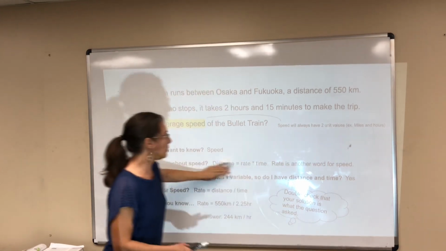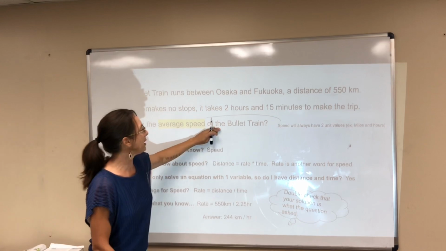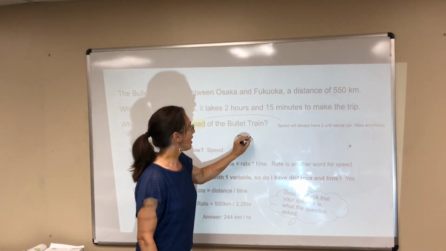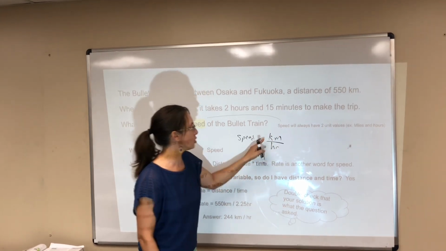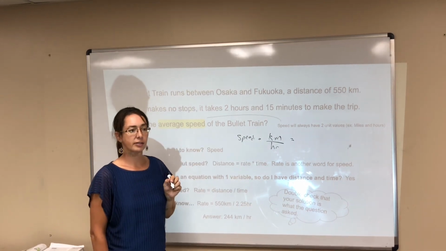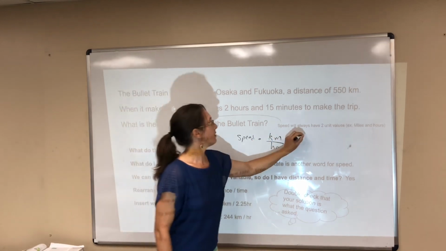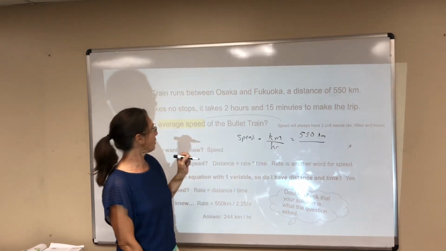So we can rearrange this in lots of different ways. It tells us what is the speed. We know if I want speed, I need kilometers per hour. Do I have units that they give me to plug into that? How many kilometers do I have? 550. 550 kilometers. How many hours? 2.25.